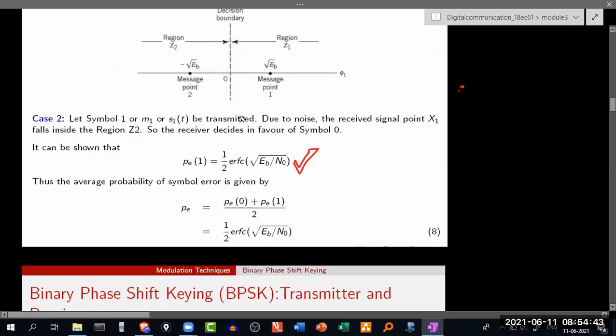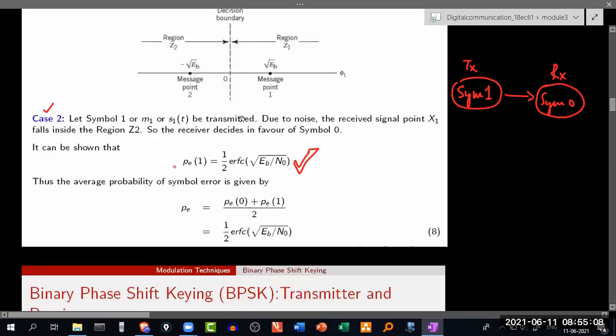We can also prove that if the transmitter sends symbol 1, so the previous case was for symbol 0 transmitted, and if symbol 1 is transmitted and erroneously gets decoded as symbol 0 back at the receiver end, this case can also happen. So that's our case number 2.